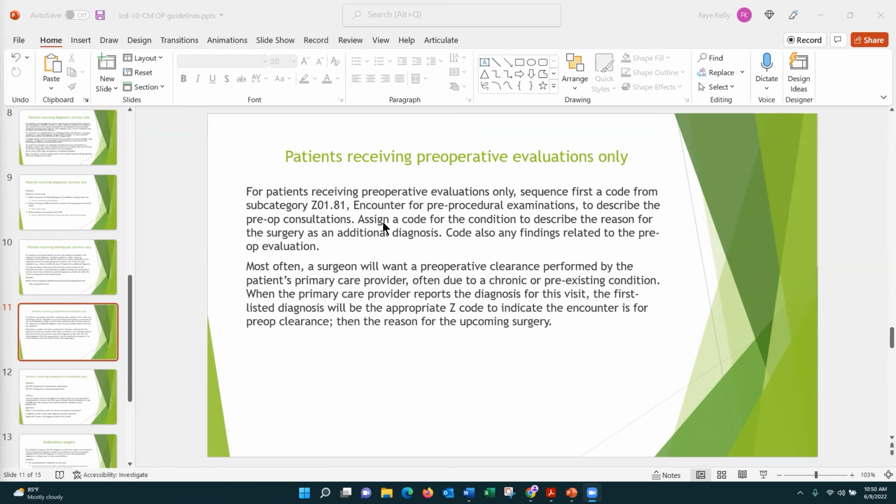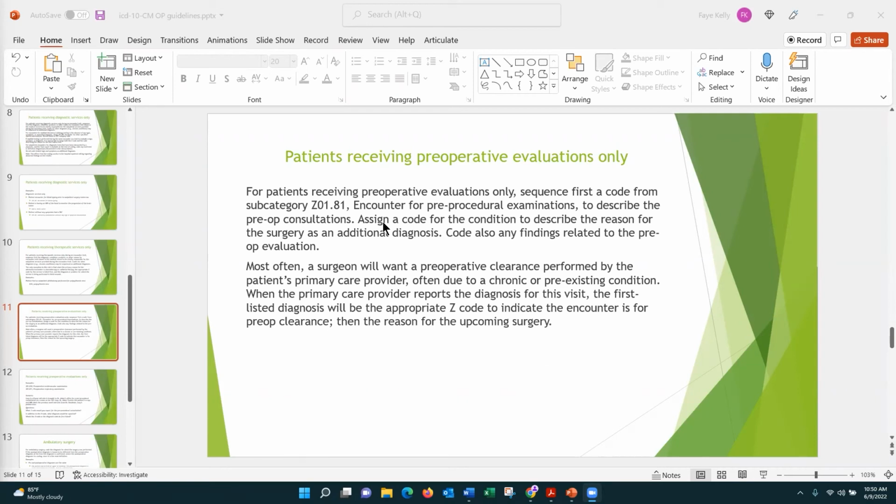Then, as additional diagnoses, you want to assign a code for the condition that describes the reason for surgery. So if this patient's having a cardiac cath, that's going to be an additional diagnosis, a diagnosis such as chest pain, because the cardiac cath is going to be an evaluation to determine if there are any blockages.